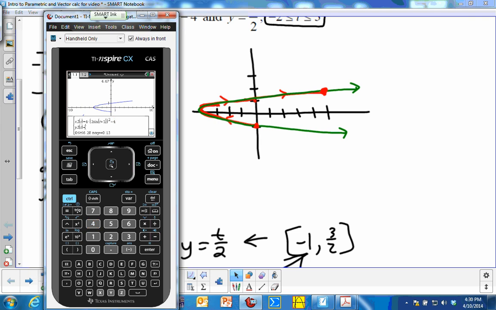And then for y we want 2 sine t plus 1 outside of the parentheses, so watch all your parentheses there.